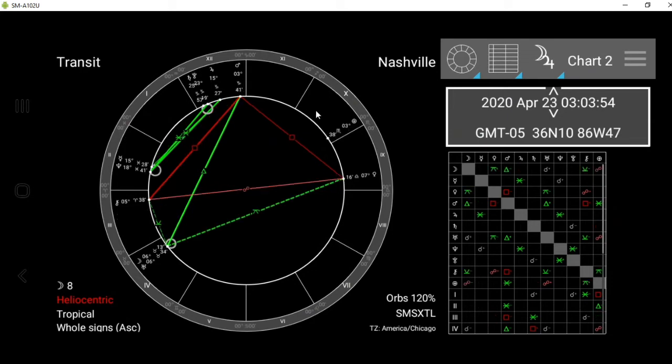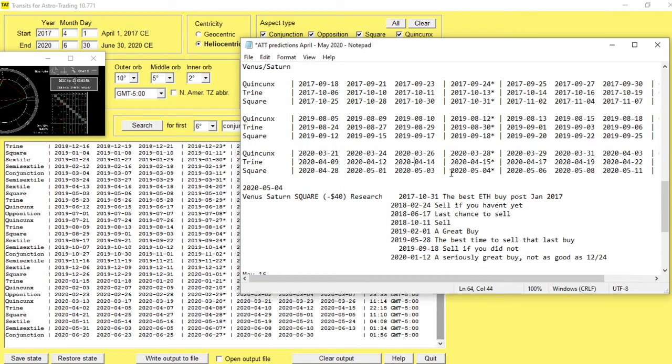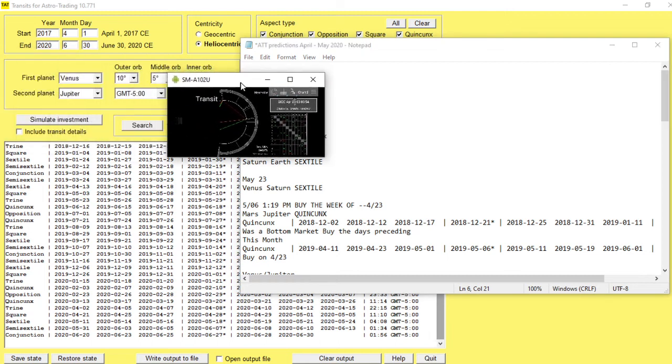All right, so we're just going to look at this generally. 2020, April 23rd, the dates that we're looking at here, we're really looking at May 4th, May 6th, and April 28th. So Venus-Jupiter square.